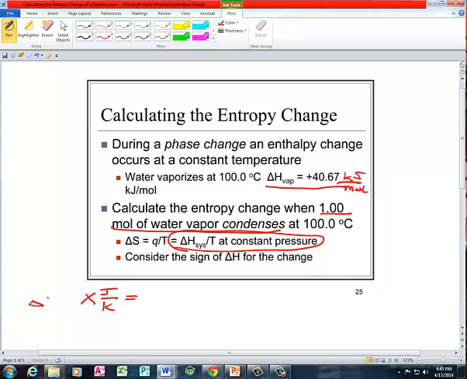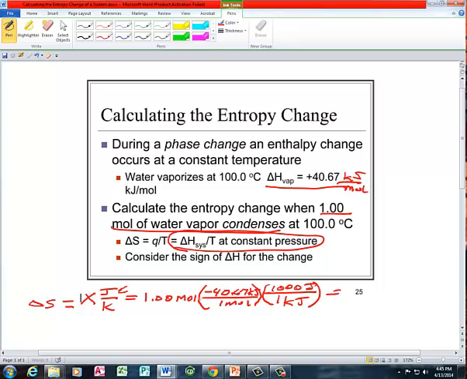So this is just actually going to be delta S for our system, which is going to be in X joules per Kelvin. So I have 1.00 moles of water. I need to substitute my delta H of condensation, which is going to be minus 40.67 kilojoules per 1 mole of water. And then since my units on entropy are joules per Kelvin, I need to convert kilojoules to joules, and every 1 kilojoule is equal to 1,000 joules.